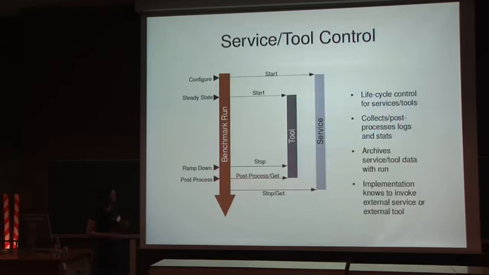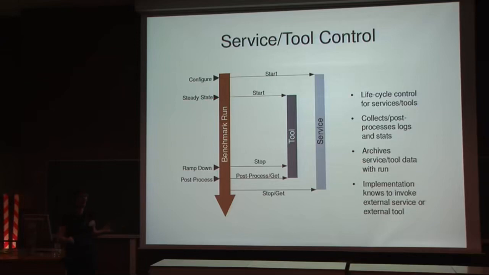So the life cycle of a Faban benchmark run, as far as services and tools are concerned, we start off with a configuration phase, and we end up with a post-processing phase. In between, we start off our run with a ramp-up period, where we're starting all of the loader threads, all of the driver threads to simulate the load. We're warming up caches and such like until we get to a point where we're in steady state. And this is the point where we want to actually do the measurements.